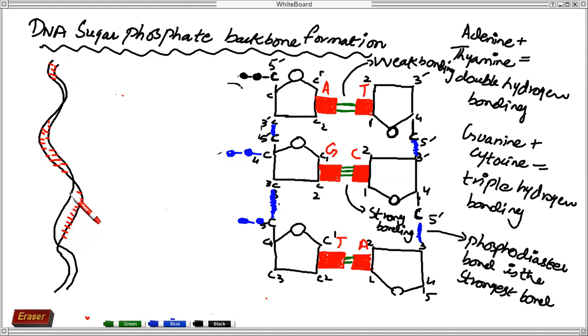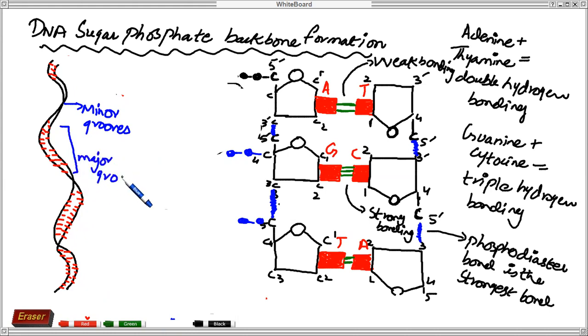But as we go deeper, when we talk about the replication of DNA or the formation of the DNA double helix structure, we find it has two grooves. These are the minor grooves and these are the major grooves. This one is the major groove. Okay.